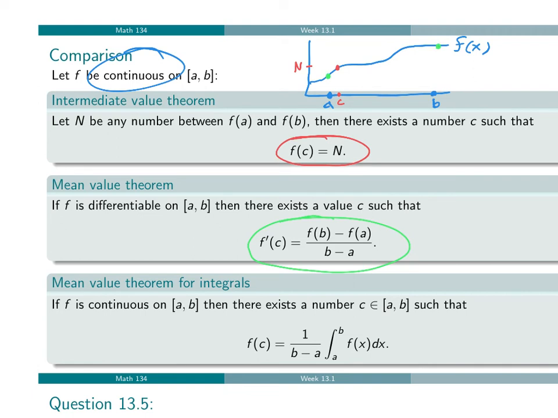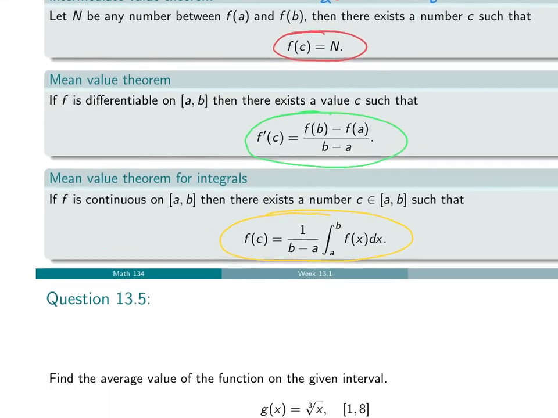So we connect the endpoints in a so-called secant line, then somewhere along the way that slope on the curve also exists. And then finally, the mean value theorem for integrals will be coded in yellow. It says that the average value of the function always exists. So, this f av line for a continuous function always exists.